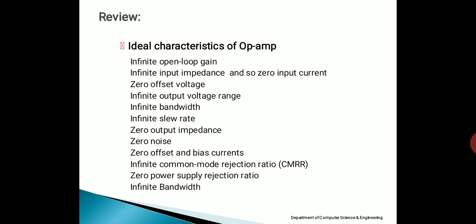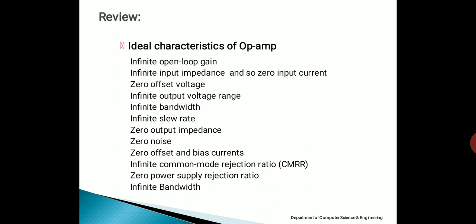Ideal characteristics of the op amp. The first important characteristic of the op amp is infinite open loop gain. Then it has infinite input impedance so that it will not allow any current to flow into it. Zero offset voltage, that is, both the output offset voltage and input offset voltage should be zero for an ideal op amp.